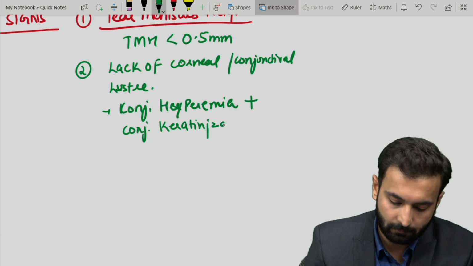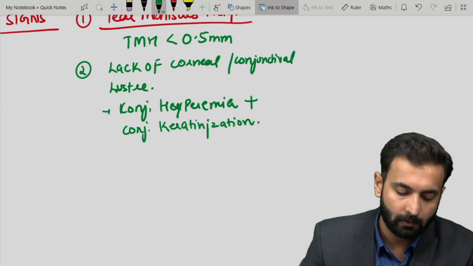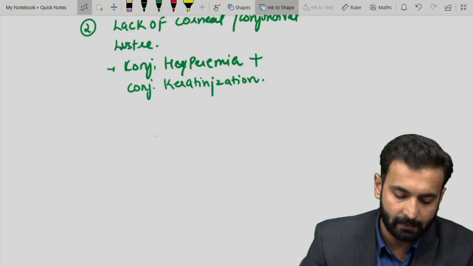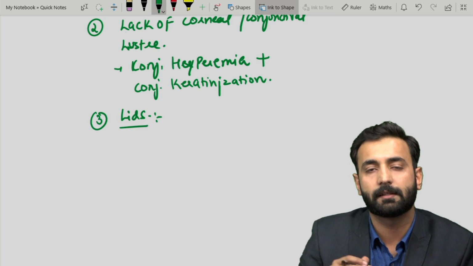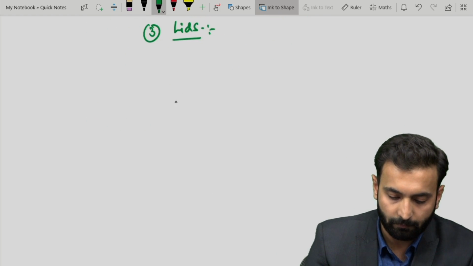What else will you see in the lids? There will be a frothy discharge at the lid margin.